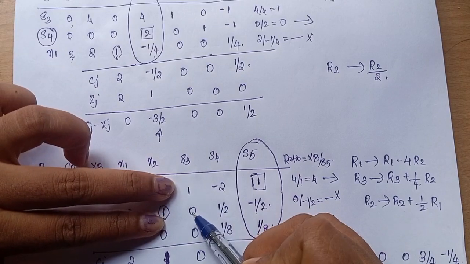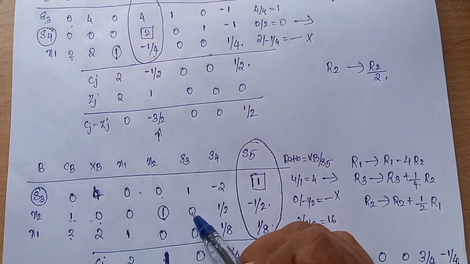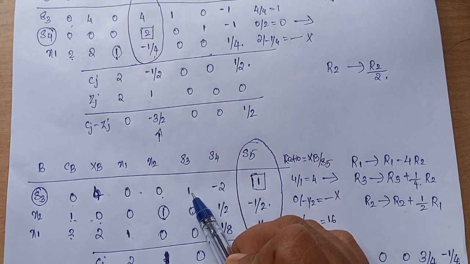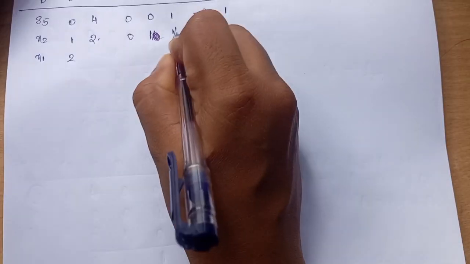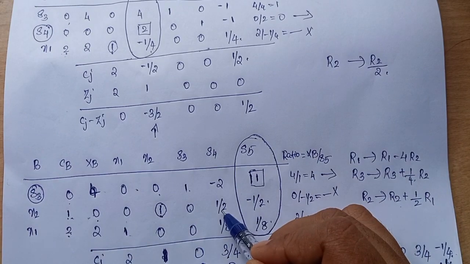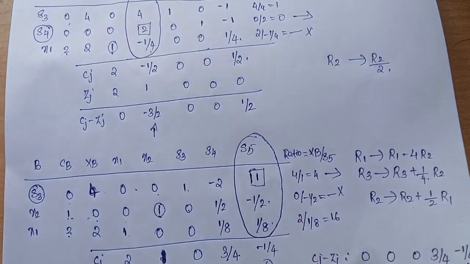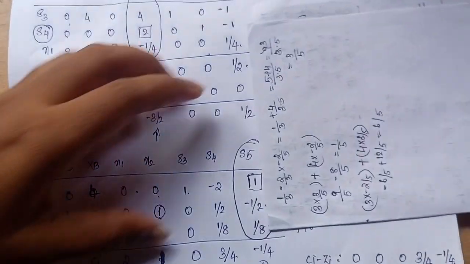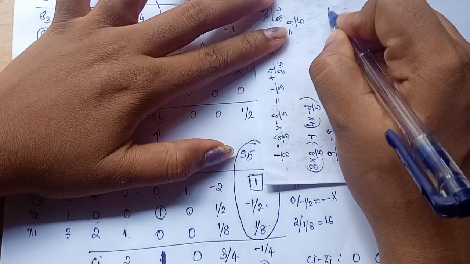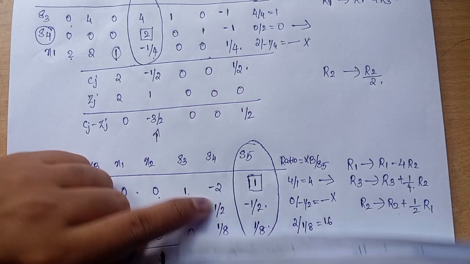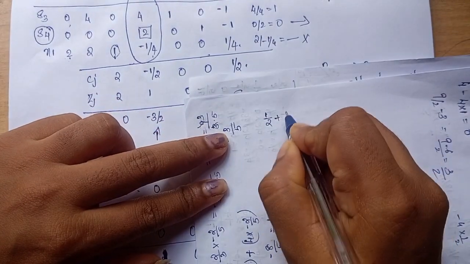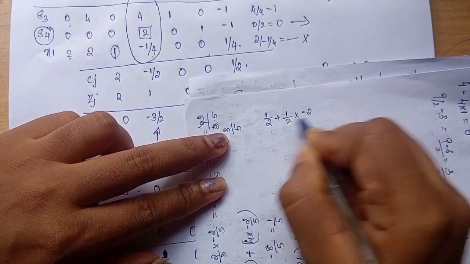Here the elements are 1 and 0. So we have 0 plus 1/2 into 1, that is 1/2. And the next elements are 1/2, -2 and 1/2. So we have 1/2 plus 1/2 into -2.